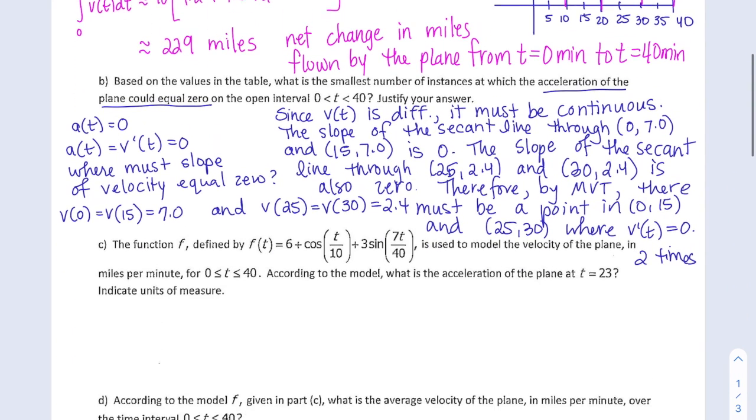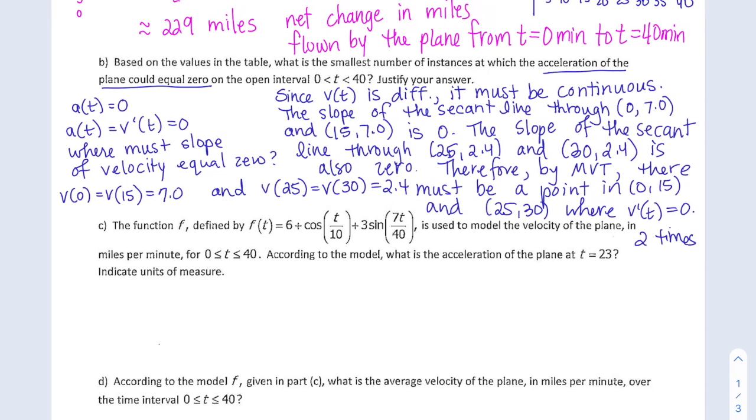Okay, letter C. The function f defined by f of t equals 6 plus cosine of t over 10 plus 3 sine of 7t over 40 is used to model the velocity of the plane in miles per minute for 0 to 40. So this is an alternative function that we could use to model our velocity. According to this model, what is the acceleration of the plane at 23? So we know velocity. So if we want to find acceleration, it's going to be the derivative of my f function, which is my velocity model.